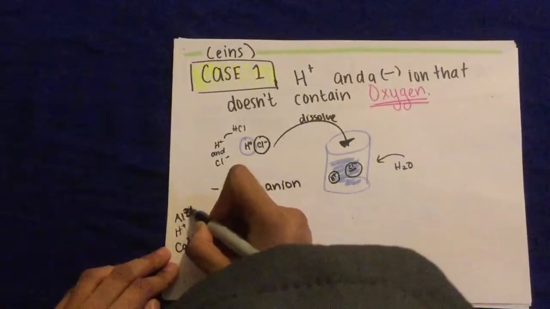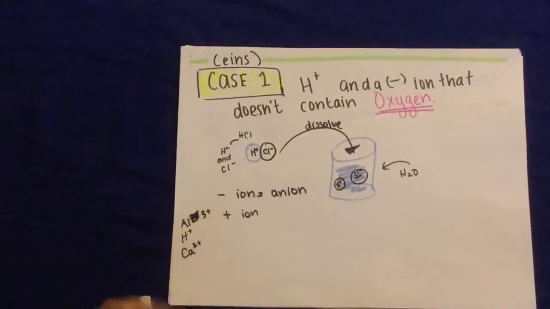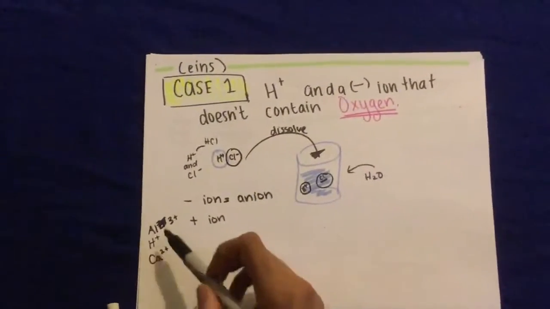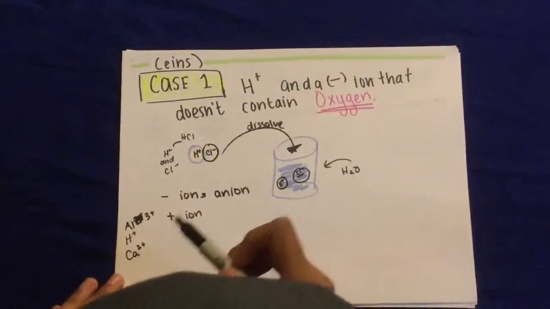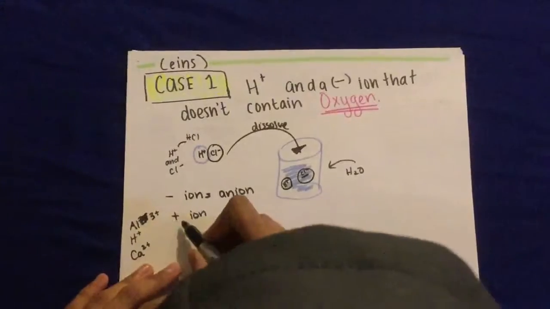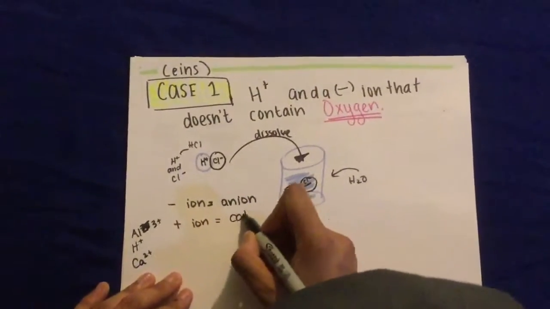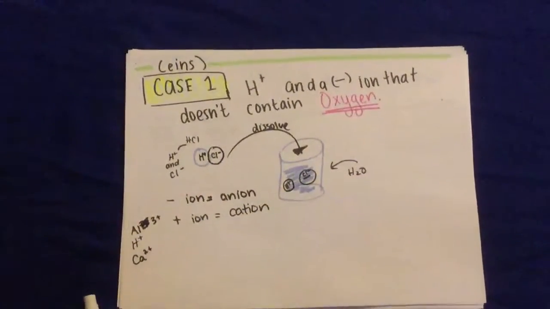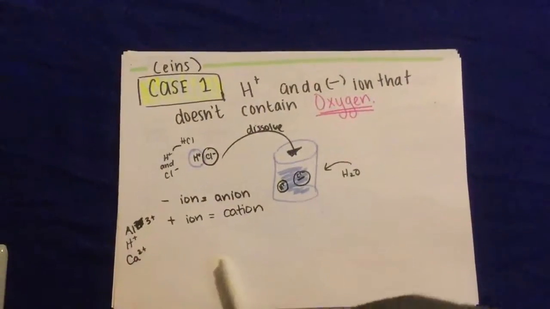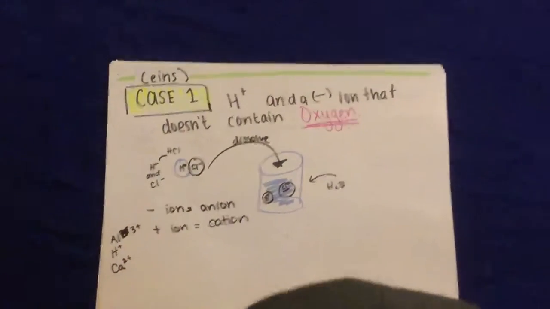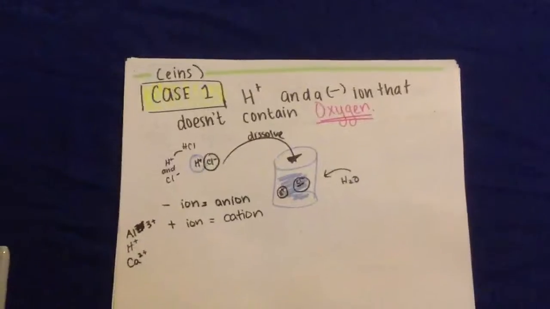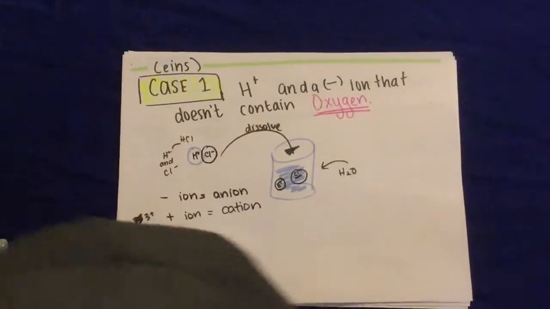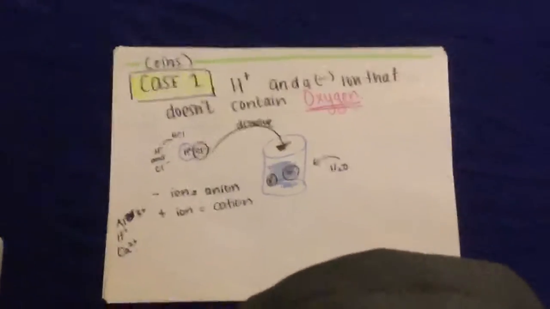Sorry, this should be 3 plus. All these suggest that these atoms have lost electrons. And so a positive ion is called a cation, or some people say cation. But cation sounds weird to me, so I'm just going to say cation. And I hope that you don't sue me for it or chase me down or anything, because, I mean, just a name.